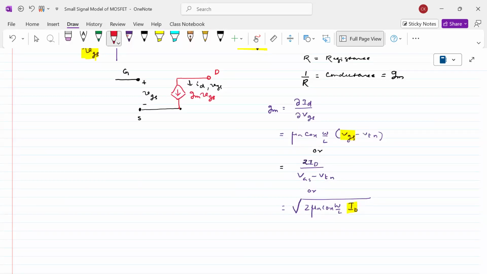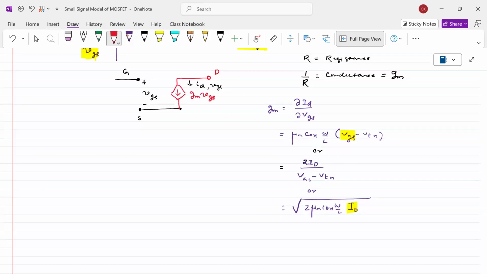That means whenever you have a MOSFET, you can replace it with something like this for small signals. Can we apply it for a large VGS? Is this model applicable for large changes of VGS? No. Only for small changes of VGS is this applicable. So this is under the saturation condition.